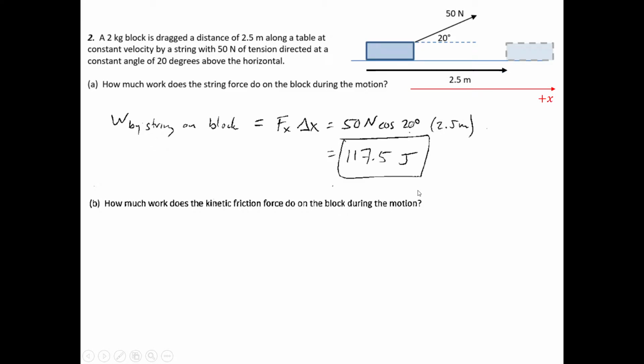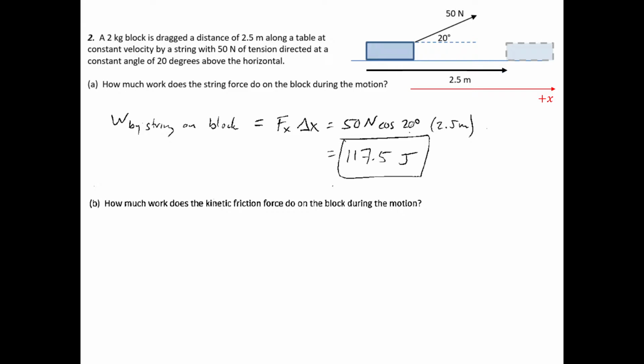How much work, this is B, how much work does this kinetic friction force do on the block during the motion? Well, you might be a little bit confused because it doesn't mention a kinetic friction force, but we know there has to be a kinetic friction force because we're told that the box is being dragged at constant velocity.